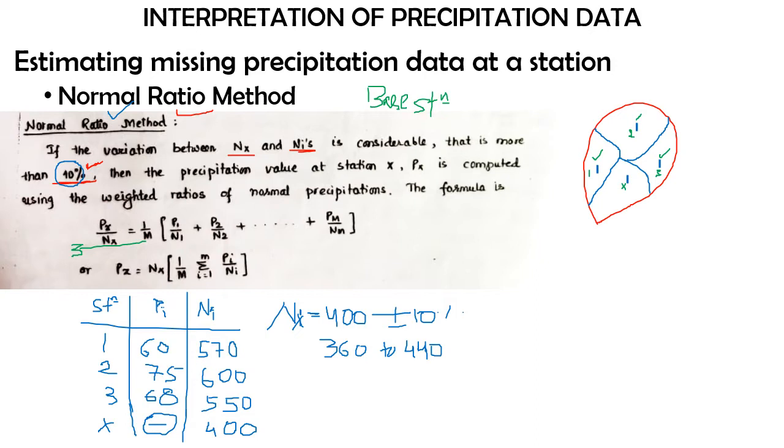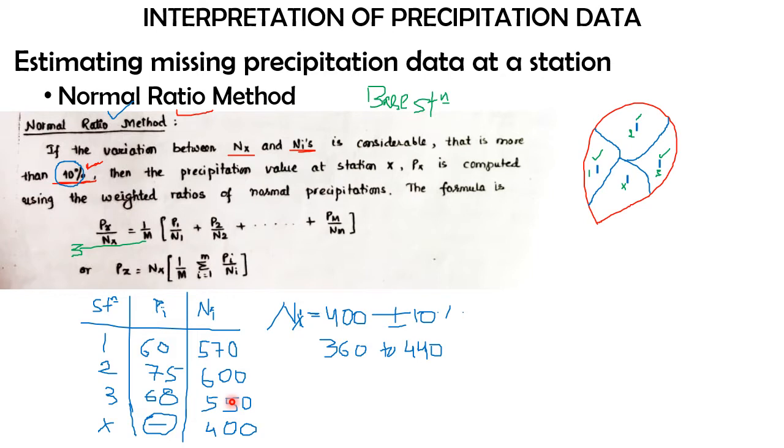For all the 4 stations, if the rainfall over the entire catchment area is uniform, at that point of time the rainfall distribution is also going to be uniform. So that's why your Nx value will be nearer to all the Ni values. In that case you can go ahead with arithmetic average.